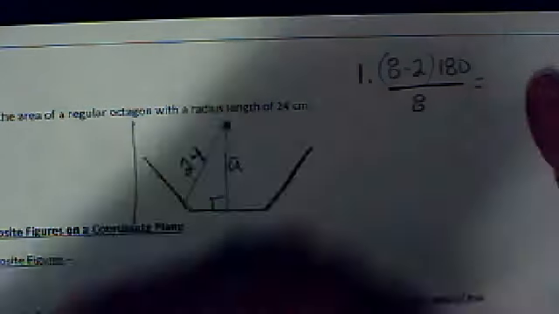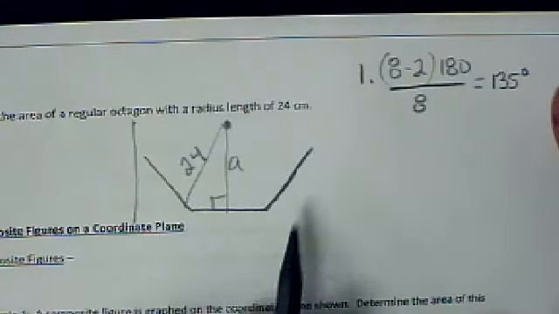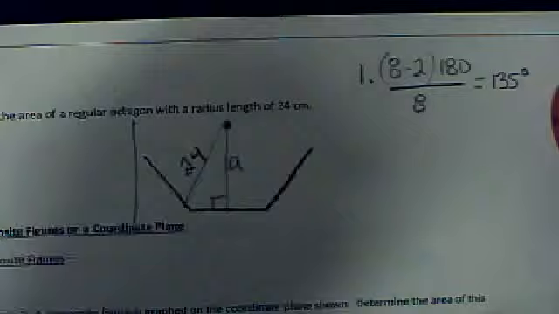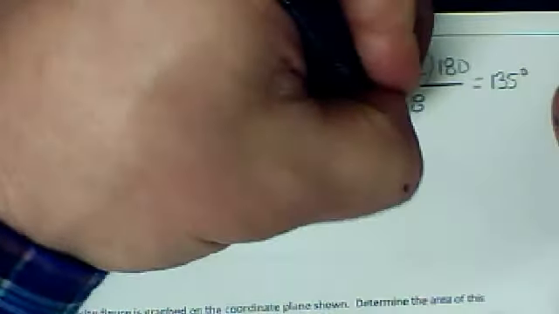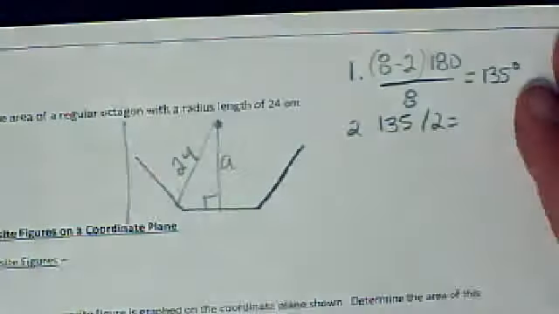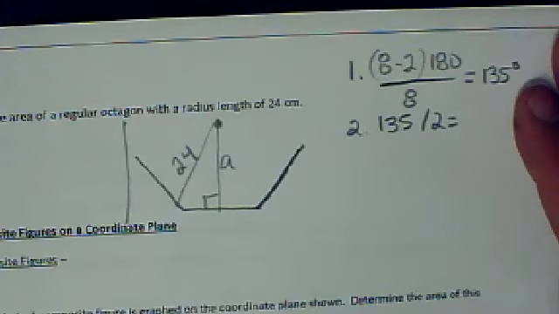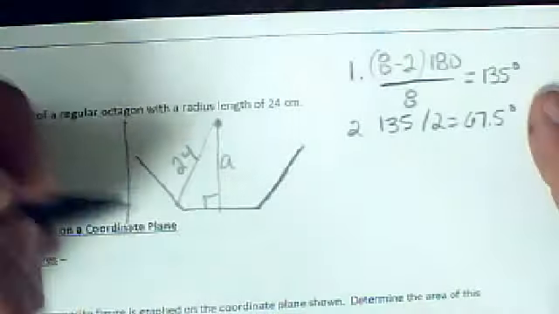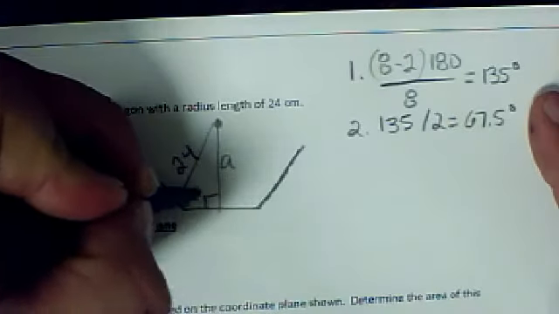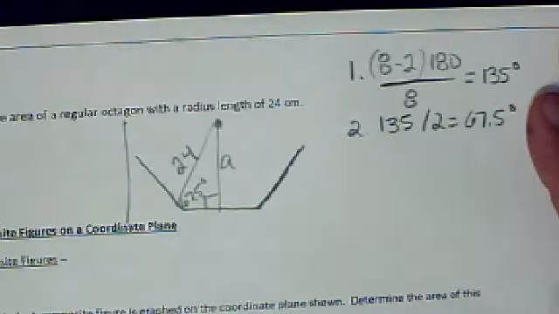Divided by 8 gives me 135. So that means that every angle of this octagon is 135 degrees. But I don't care about the whole 135, I just care about half of it, because that's what the radius does. It divides it in half. So 135 divided by 2 is 67.5 degrees. So that's what goes here.